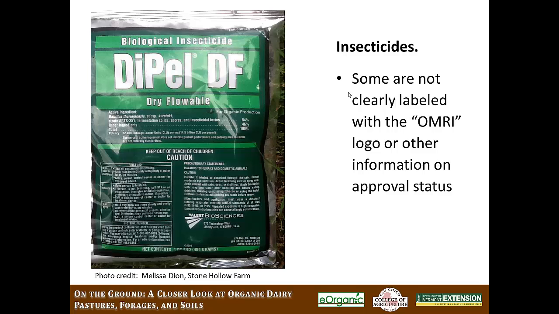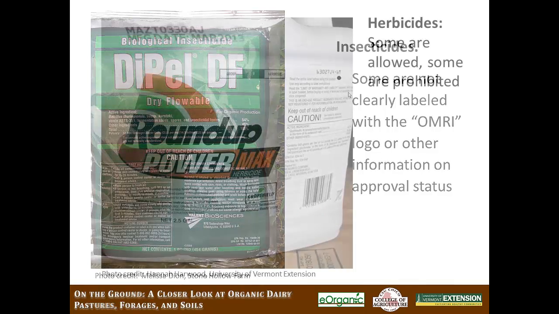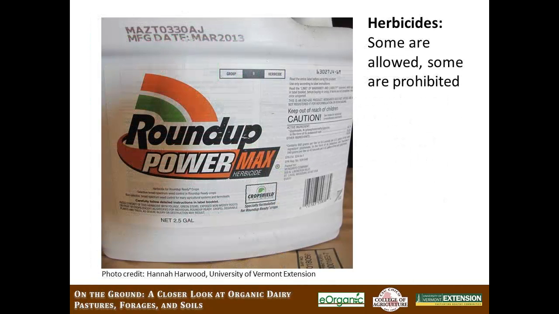And so you're going to want to turn this label over, see if there's an Omri or different useful information on the back, and then submit all of this information to the organic certifier along with the list of all of the materials that you want to use on the farm. And that way it can be approved by the certifier ahead of time, even if it doesn't have the Omri logo on it.